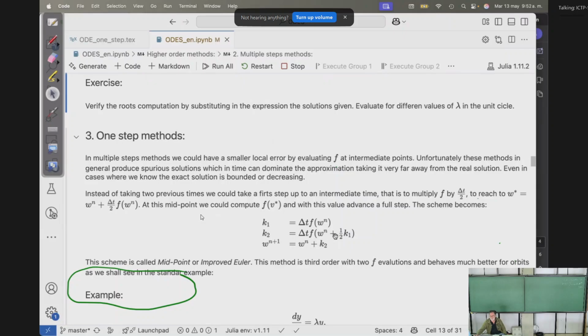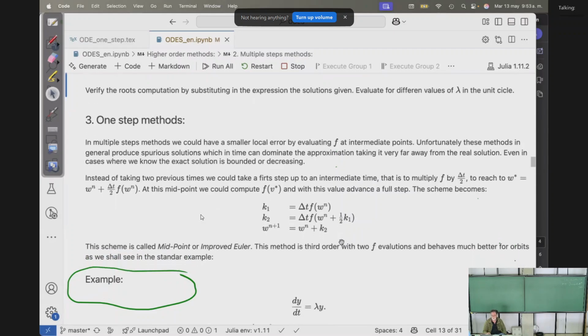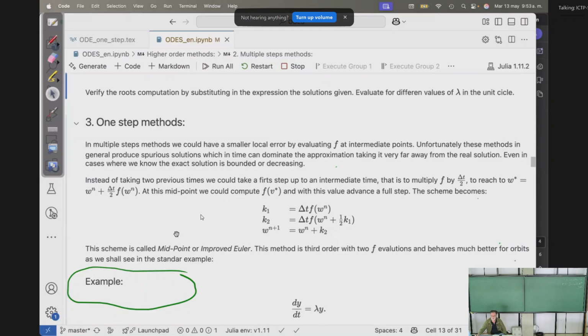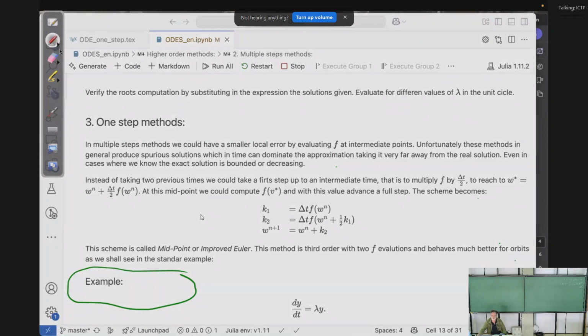So it's Wn plus 1/2 of K1, this is the whole step. And then you say Wn plus 1 is Wn plus K2. This, as I say, is called the midpoint method or improved Euler. Any of these names is okay.